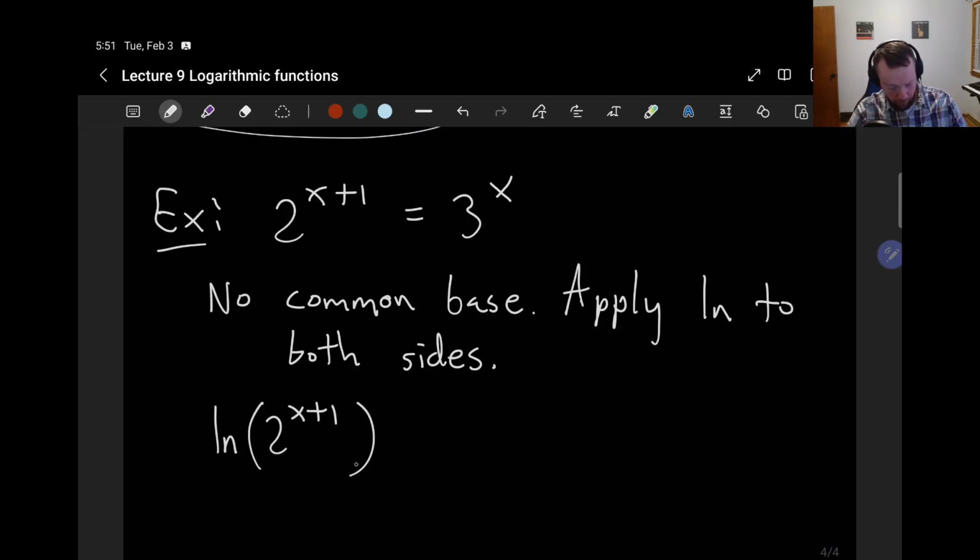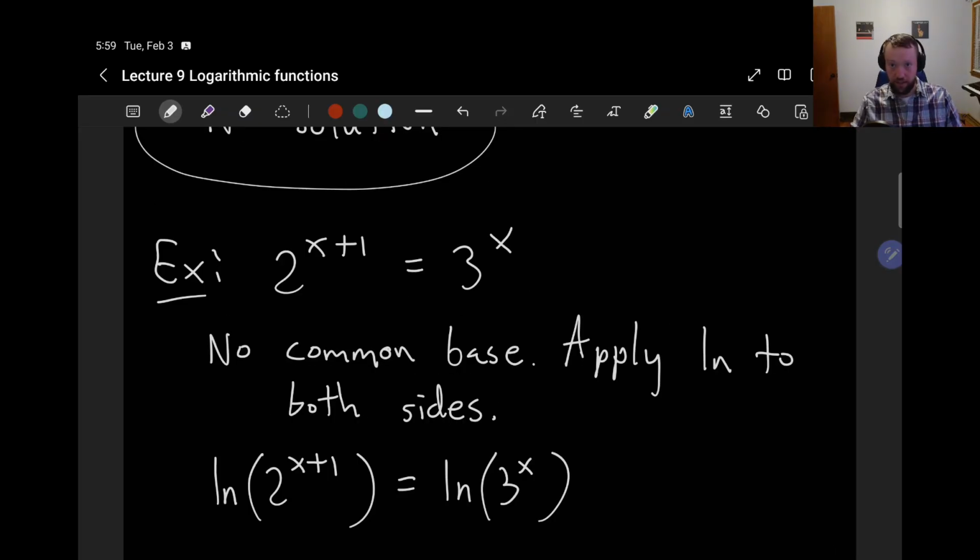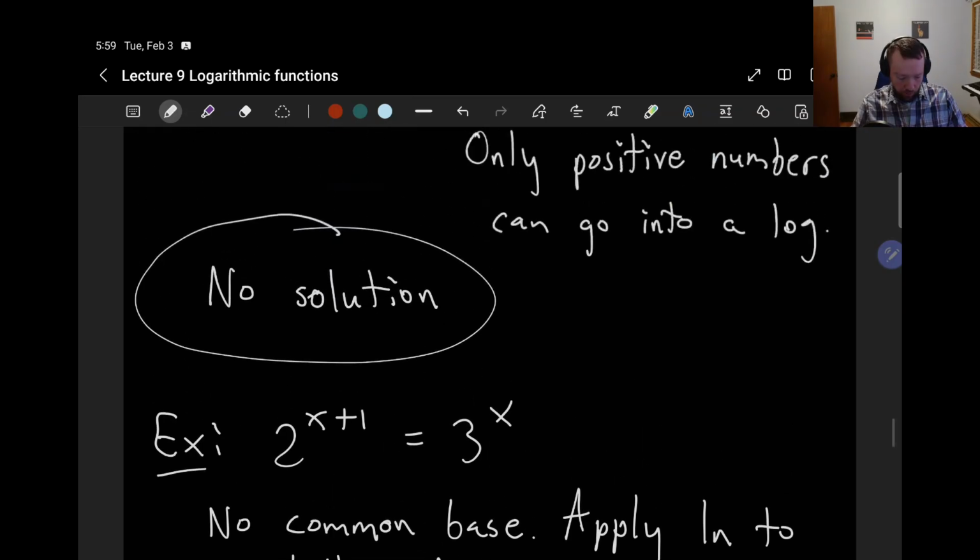Let me show you why. So I apply ln to both sides. Notice that ln is log base e, which means it will not cancel off this 2, and it also will not cancel the 3. But we get the next best thing. The next best thing to canceling is property 3.